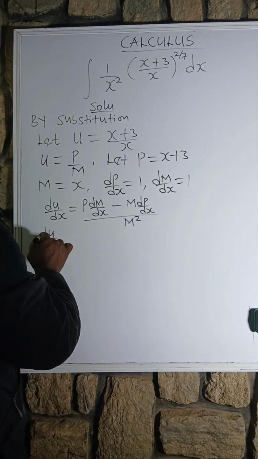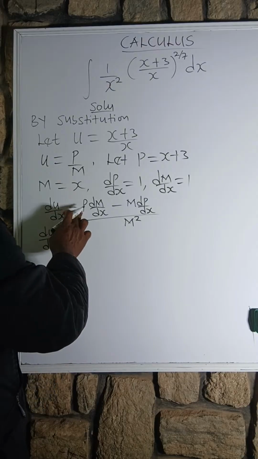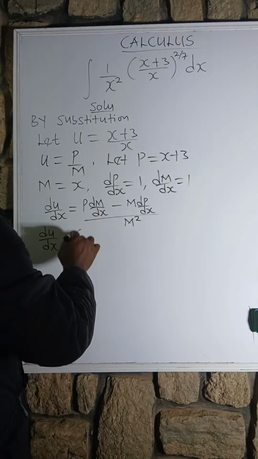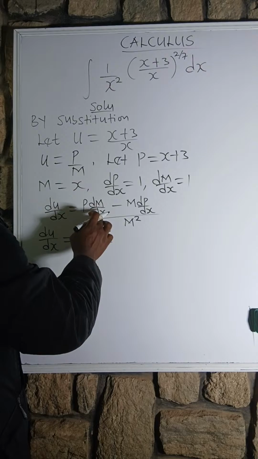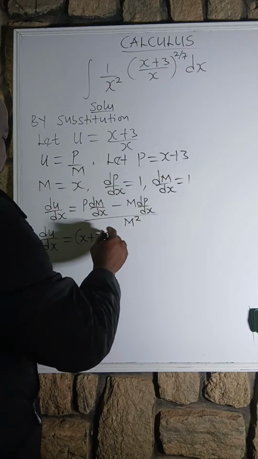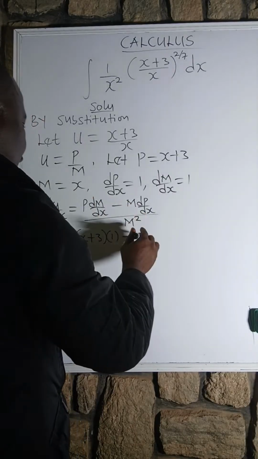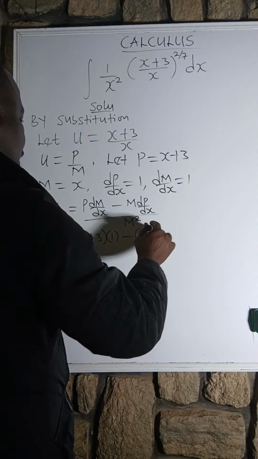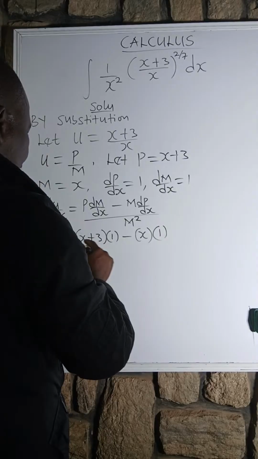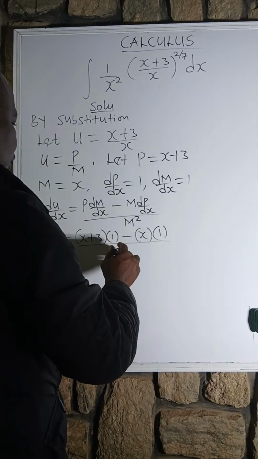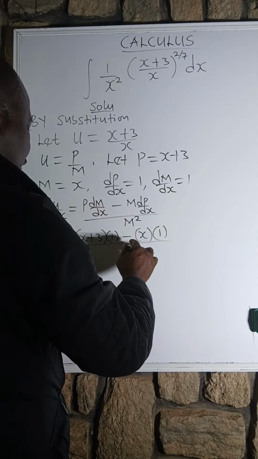So our du over dx is equal to, what is our p? p is x plus 3, times dm over dx, which is 1, times 1. Minus, what is our m? It is x, times dp over dx, which is 1, then all over m squared, which is x squared.